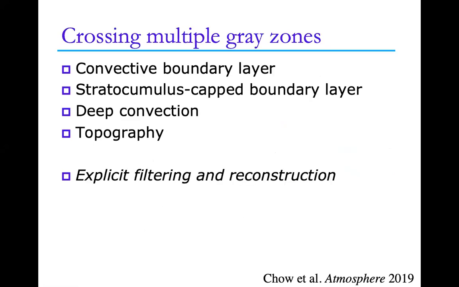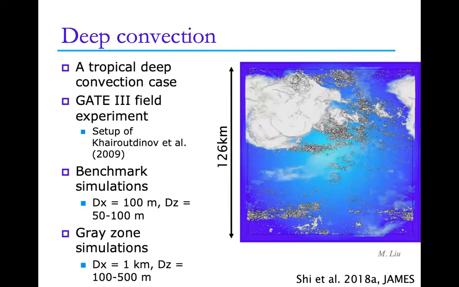All right, so we were encouraged by the performance of the DRM at these resolutions for these examples that I've showed so far for the convective boundary layer and the stratocumulus capped boundary layer. So really quickly, I'm going to show you results, not in much detail though, of a deep convection case that we tried to examine at gray zones as well.